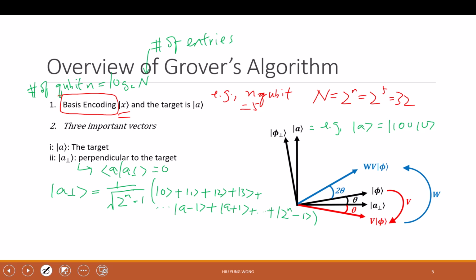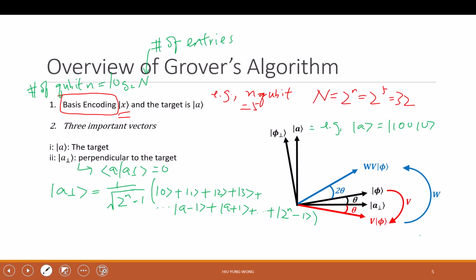Now, first of all, how many basis vectors do we have in this problem? We go back to here. How many basis vectors do we have? Capital N, right? Because we have N entries. So it runs from 0 to capital N minus 1. And capital N again equals 2 to the power n.